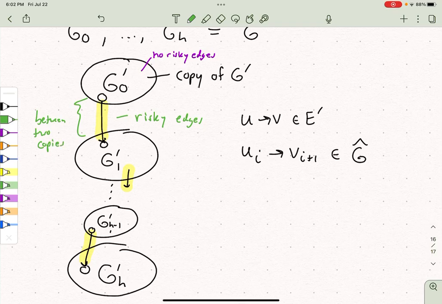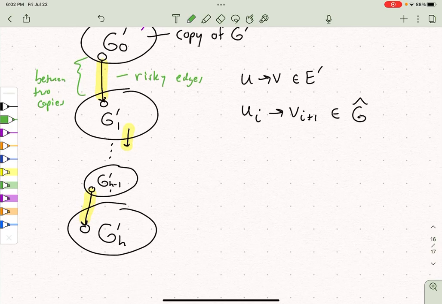So the idea here is that to move from one copy of G prime to the other, we have to take a risky edge. And since there are H plus 1 copies, we can only take H total risky edges.